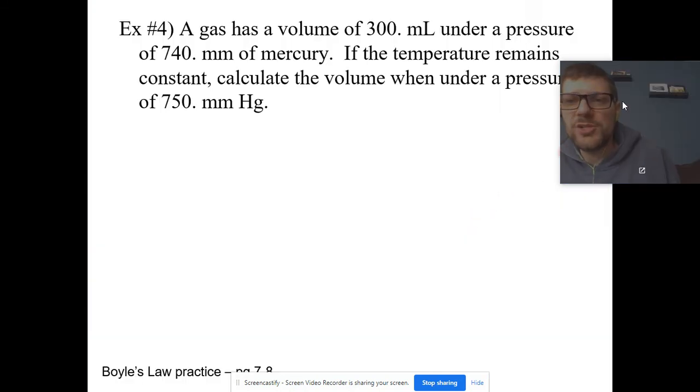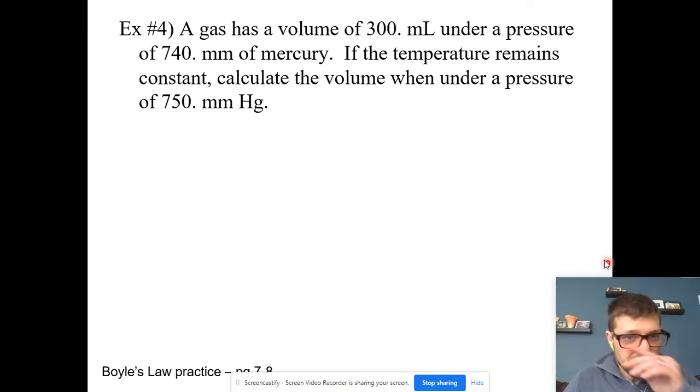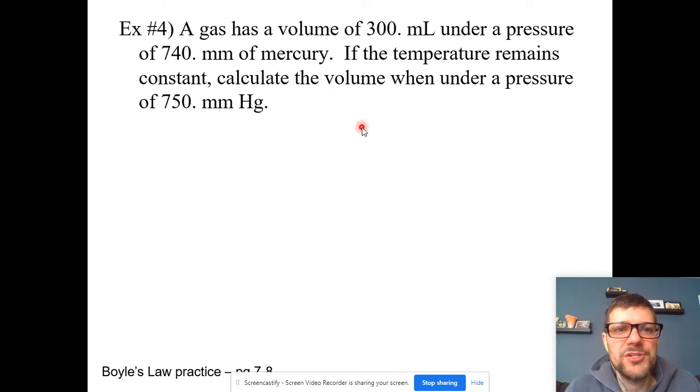Now, you're going to be doing a bunch of problems with this, so I'm going to give you some sample problems here. Here's one. A gas has a volume of 300 milliliters under a pressure of 740 millimeters of mercury. If the temperature remains constant, calculate the volume when under a pressure of 750 millimeters of mercury.